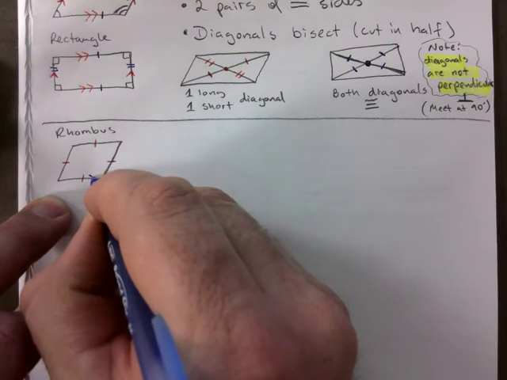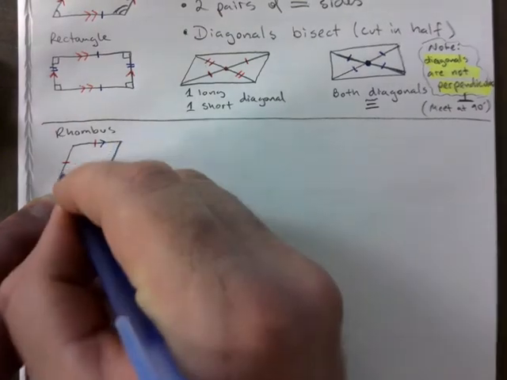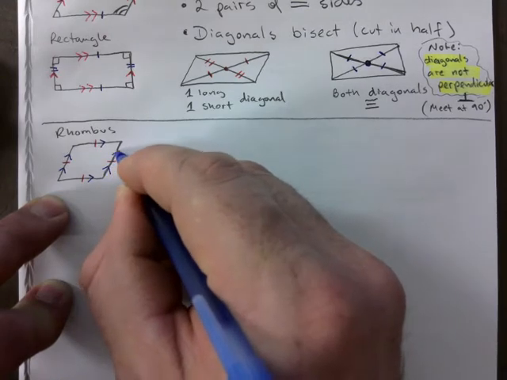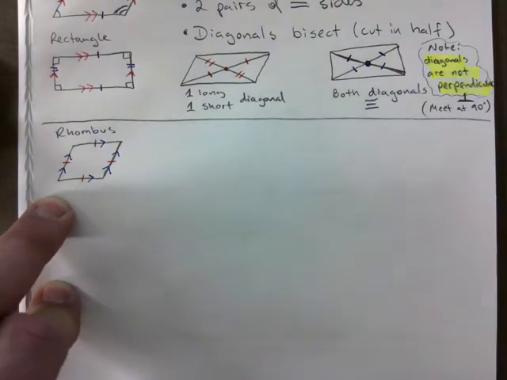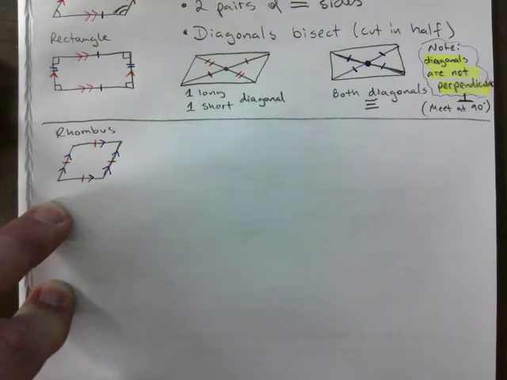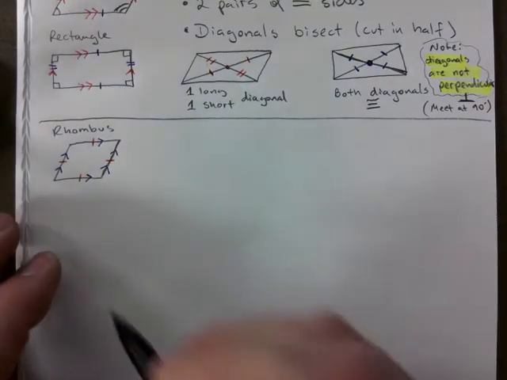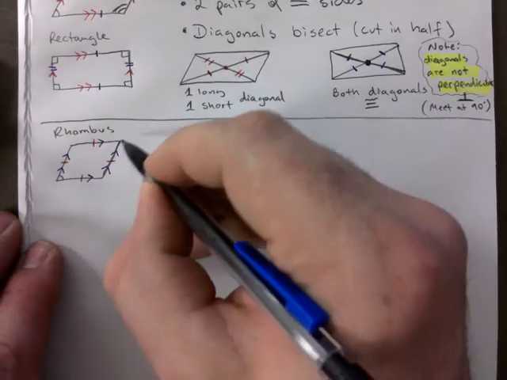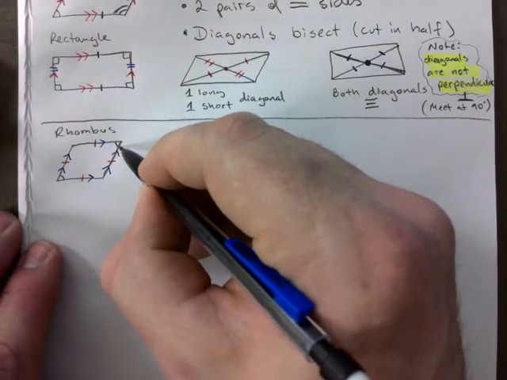Watch this. This line is parallel to that line. This line is parallel to that line. So that still stands the same. Watch this. This angle is the same as the angle across from it.